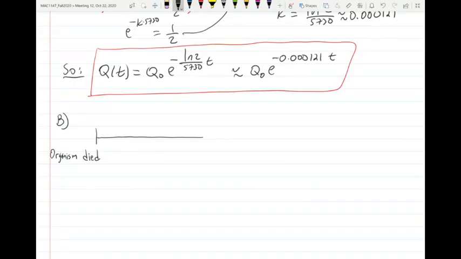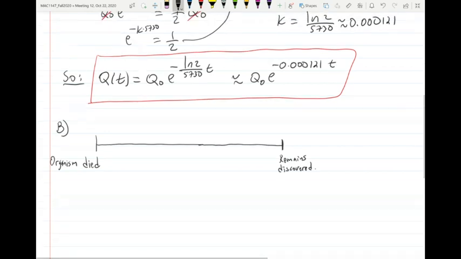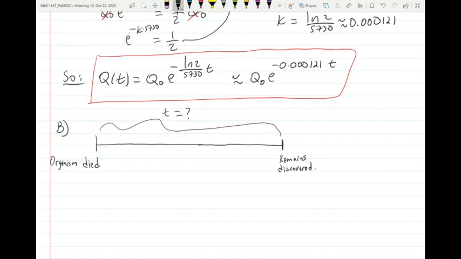This is the moment that it died, and then time passed, and then you discover the remains. Remains discovered, right? And what we are trying to figure out is how long this is. This time t, this is what we want to figure out.